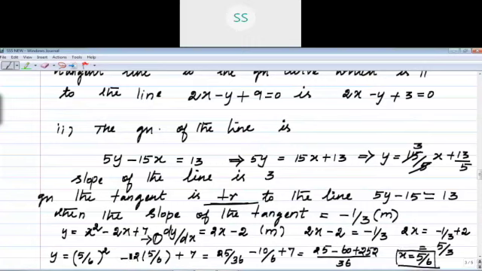Now we want to find the value of y, right? See here.